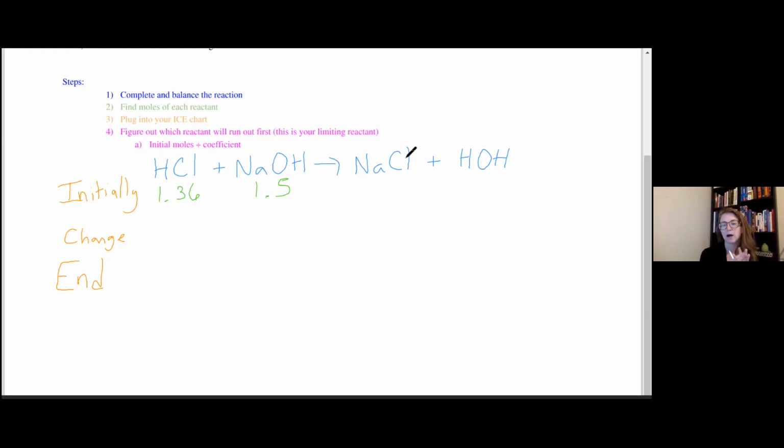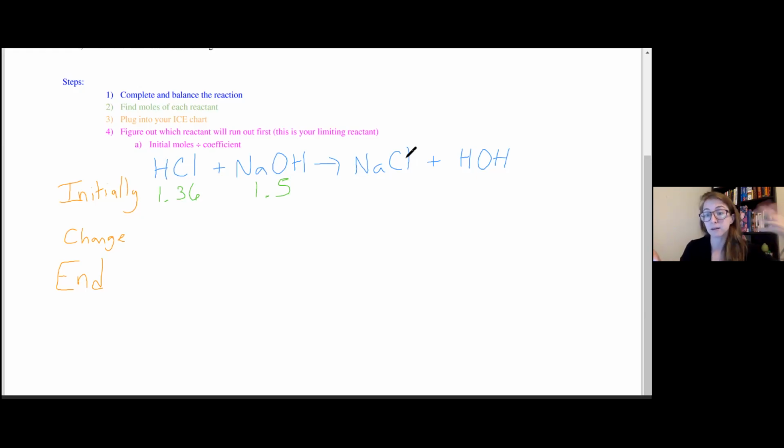Let's finish filling out this initial row. We've already used all the information they give us, but we actually can infer a little more. Right at the beginning of when you go to bake cookies, right? You have your flour, your sugar, your salt. Do you have any of the cookies yet? No, right? You haven't actually done the baking. So initially, when we start a chemical reaction, we have our reactants, we have our ingredients, our HCl and our NaOH, but we don't have any of our products.